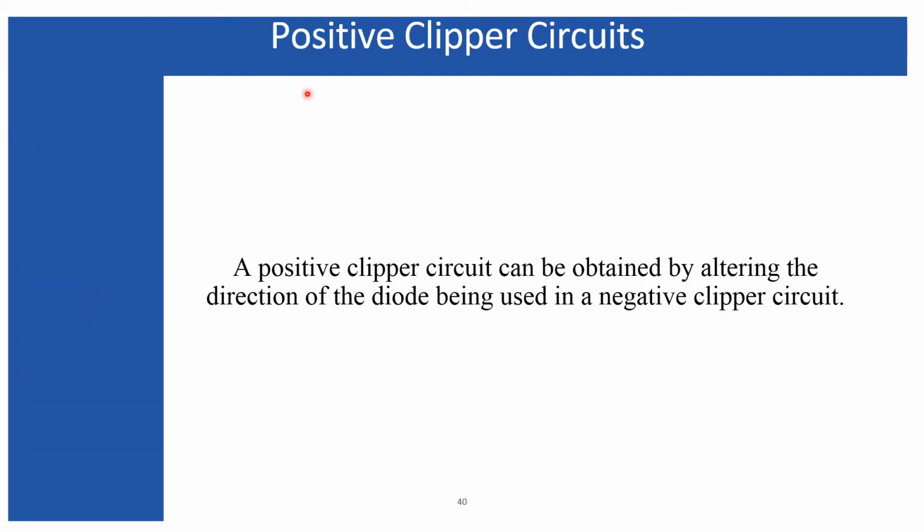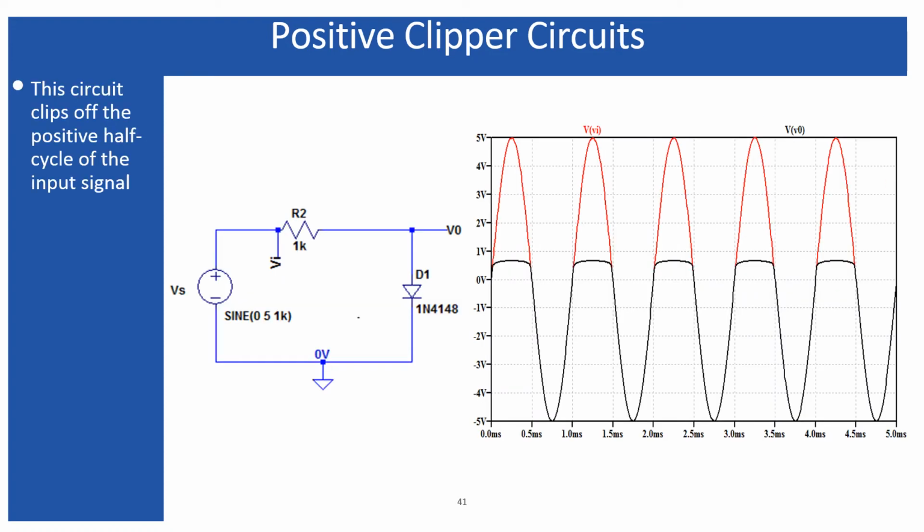Next one is the positive clipper circuit. Positive clipper circuits are nothing but a change in orientation of the diode. If you change the orientation of the diode, you will have the positive clipper. Look over here, I just changed the direction of the diode in this branch and you got the positive clipper. Positive clipper means the positive half cycle is off, as you can see from this output.